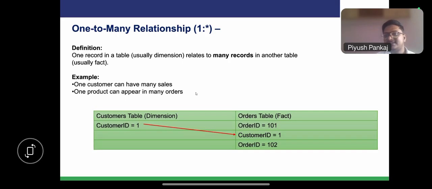If it is a sale on Flipkart or Amazon, one product is going to appear. Let's suppose there is a sale on a new phone, a new Samsung phone or new iPhone. The same product is going to be reflected in many orders, right? That is one to many.